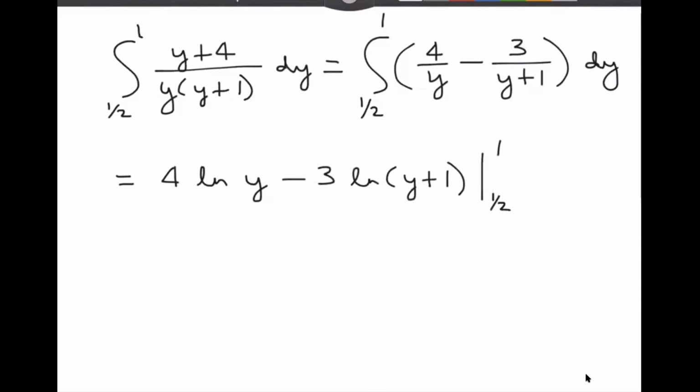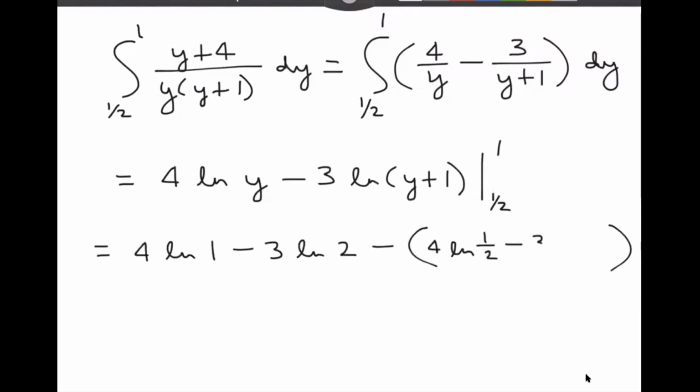And what we get is 4 natural log 1 minus 3 natural log 2 minus 4 natural log 1/2 minus 3 natural log 3/2. All right, so let's see how much we can pretty this up.